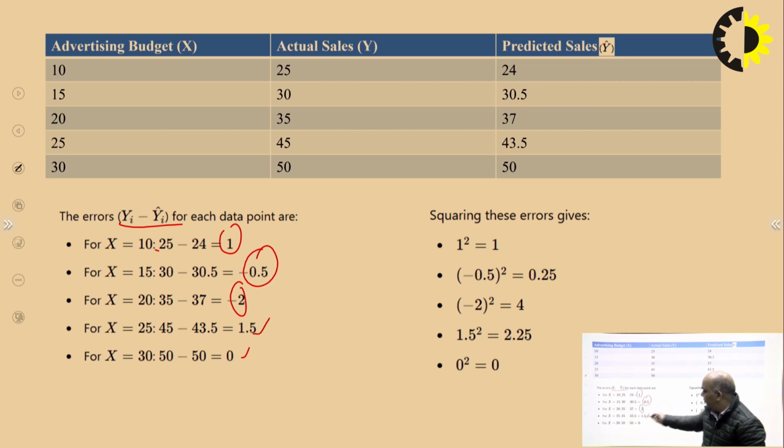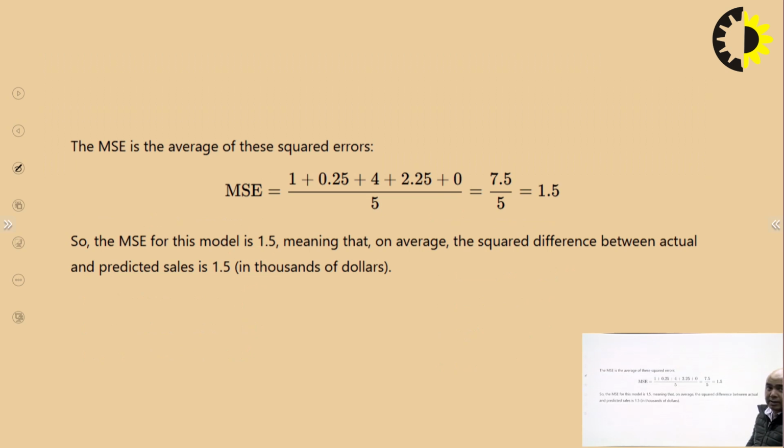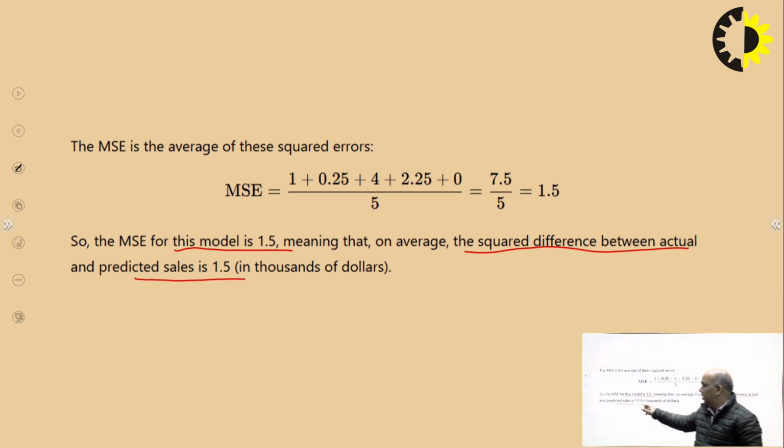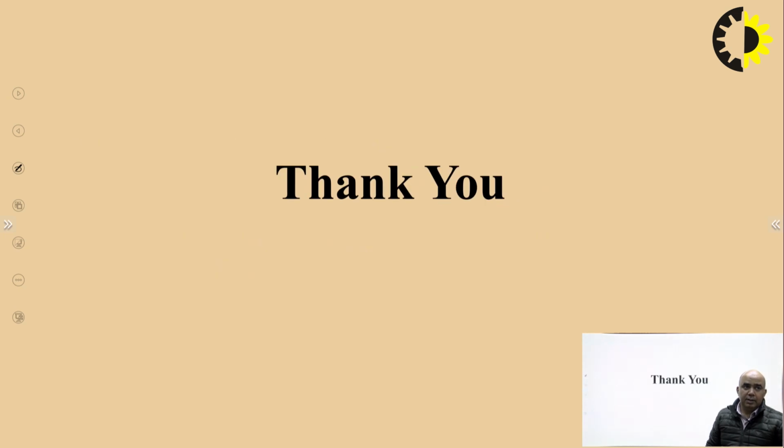By squaring those values, we get these values. Now we sum those values, and we get the mean square value for this model as 1.5, meaning that the average square difference between the actual and predicted sales is 1.5 in $1,000. Okay, so thank you.